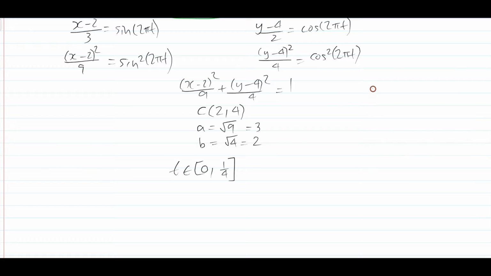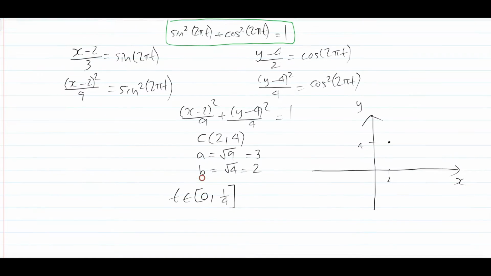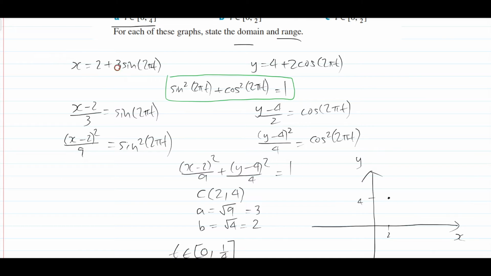Okay, so you can start sketching your graph first. Y, x, and we have a center (2, 4), right there. Right, let's sub in points. If you want to see where the particle starts, you can sub in t equals 0 into your original pair of parametric equations.